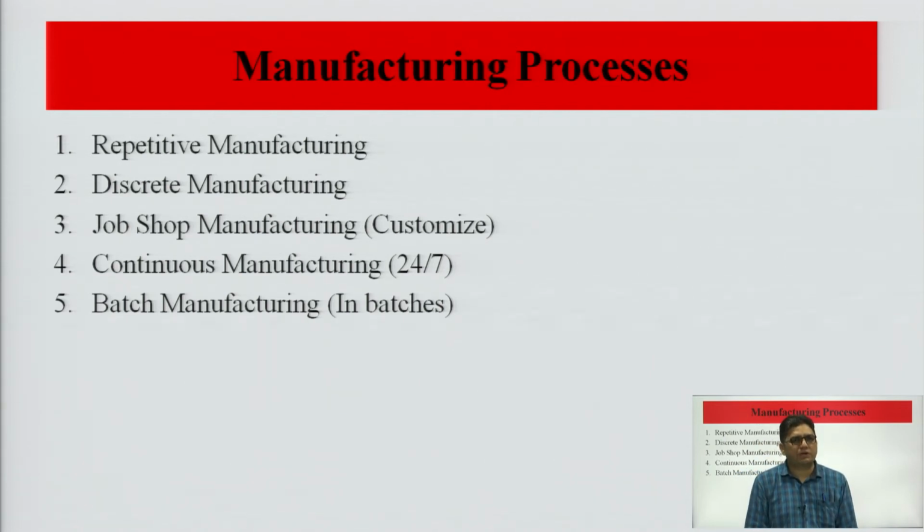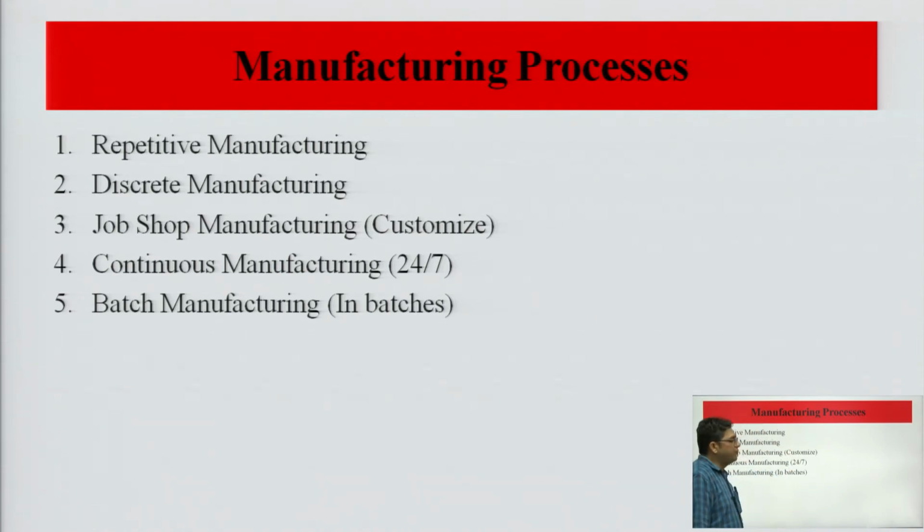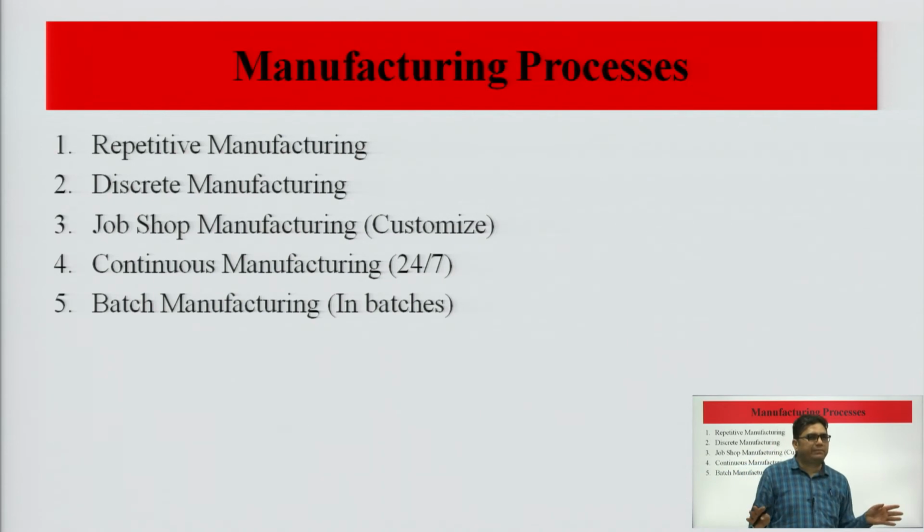consistently. So, with the same setup, with the same framework, we are going to produce these goods for a long span of time. What are the advantages of this repetitive manufacturing? You need not change your setup, you need not change machinery over a period of time.